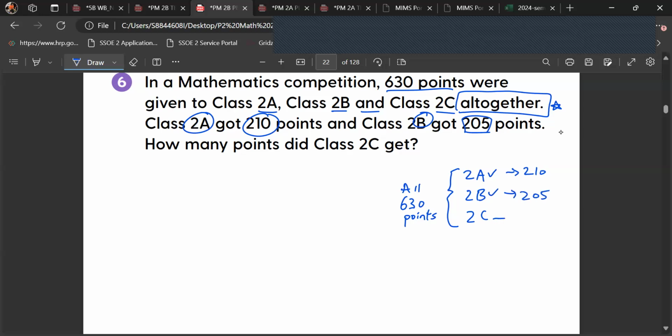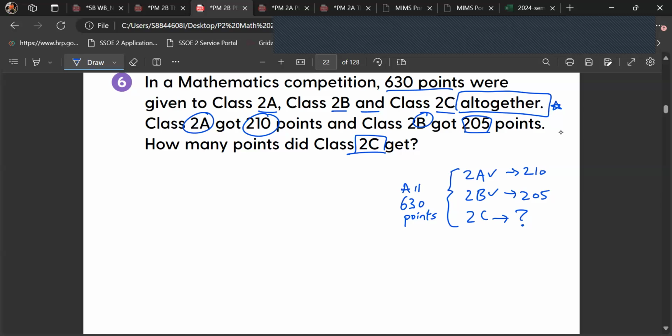But you don't know C. So there are many ways to draw this model. You can go and make different ways to do the step by step. The question is asking for C.